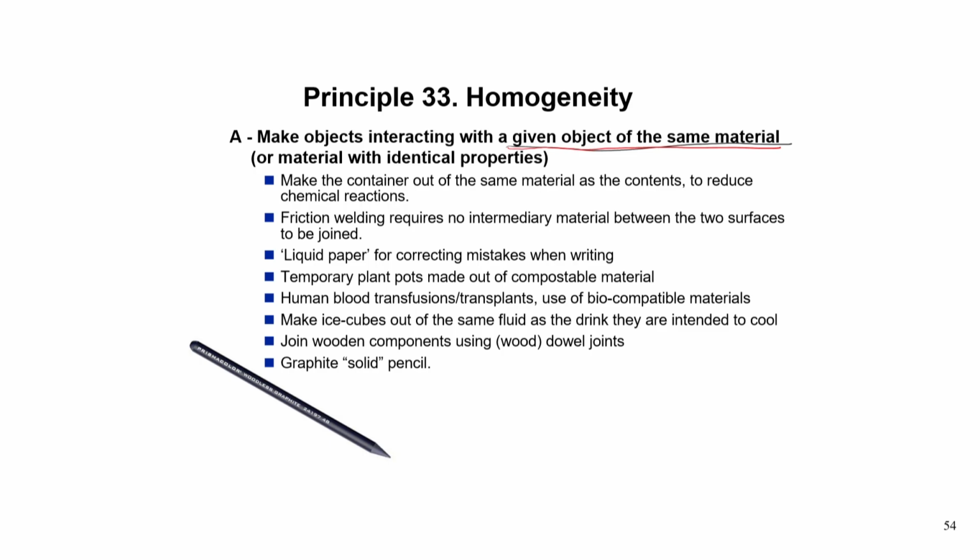Liquid paper for correcting mistakes when writing, temporary plant pots made out of compostable material, human blood transfusions, transplants, use of biocompatible materials. In surgery, today's sutures, the thread used to join the tissues, automatically get dissolved in the body.